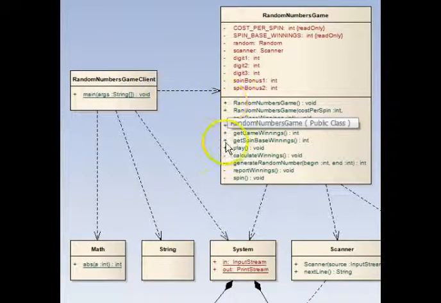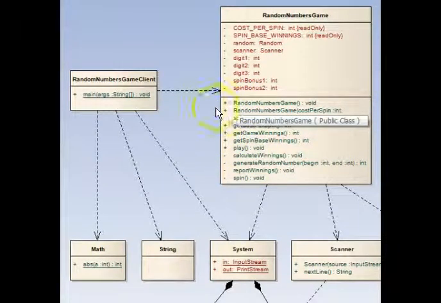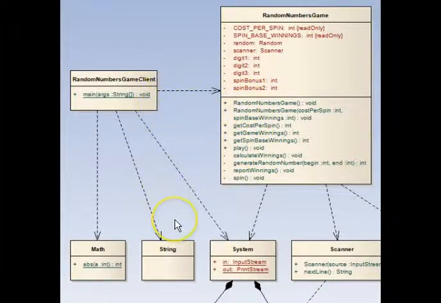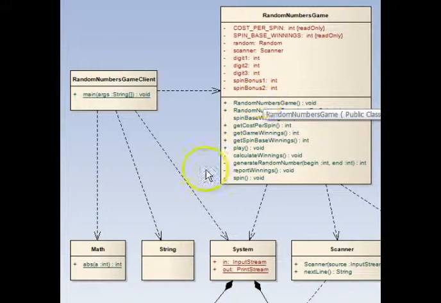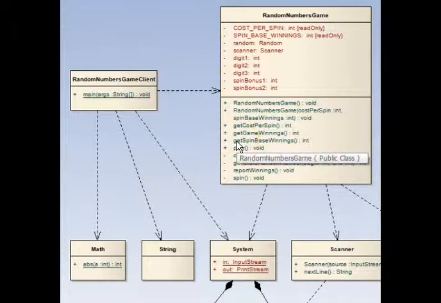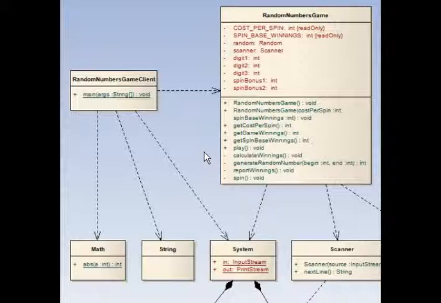The plus signs are public. They represent the API of the class, the application programming interface. It's only through the public functions that other classes make use of the class. And of course, remember, in the runtime environment, we're talking about objects that are doing this interaction.